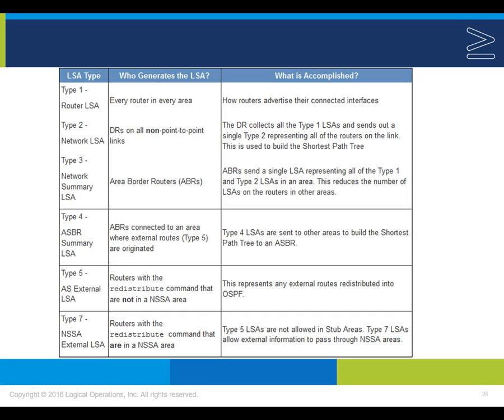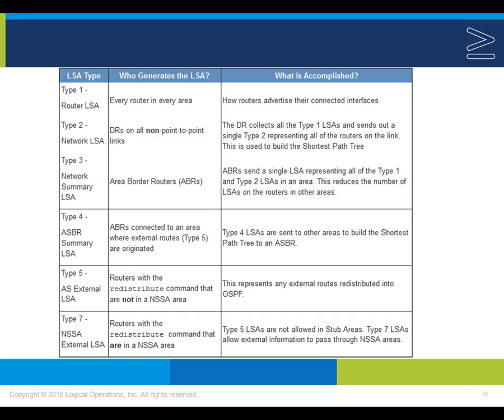What redistribute allows us to do is to put other routing protocols into OSPF. For instance, if we had a bunch of EIGRP routes on a router and OSPF routes on a router, we could redistribute.